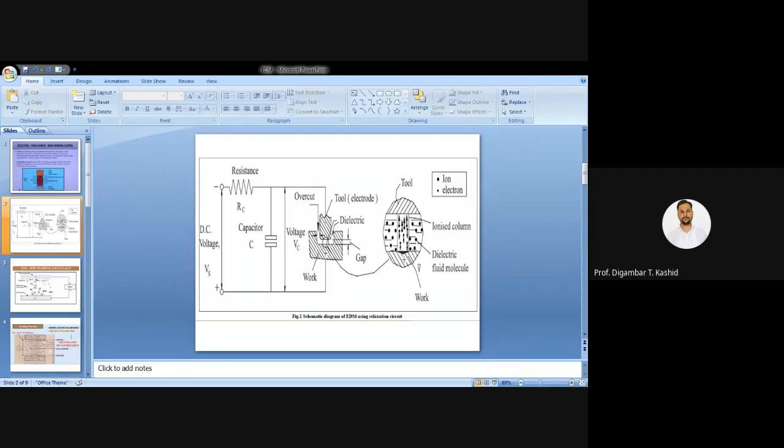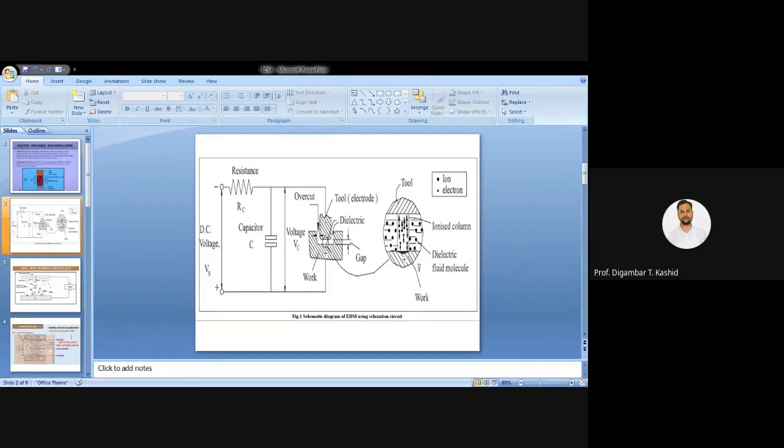That workpiece surface melts and vaporizes, and at the same time, because of the hitting of ions, material from the tool also melts and vaporizes. But the melting of the material from your tool is negligible. So there is melting and evaporation of the workpiece surface, we can call it machining, that means removal of the material takes place.